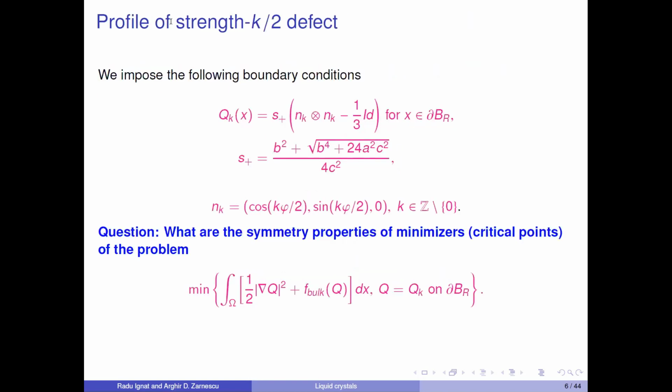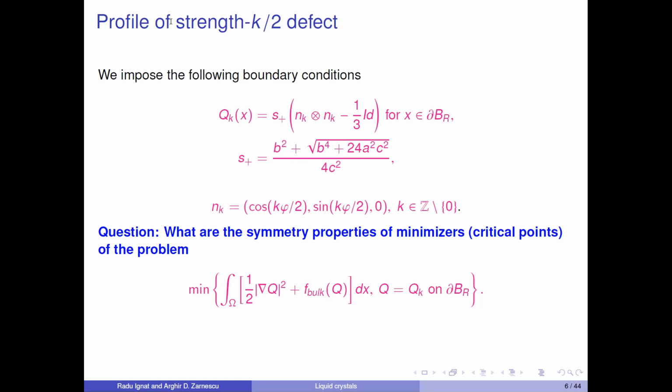And now you have this strength k over 2, or index k over 2, or winding number, which is more complex analysis terminology. And you put this S plus.